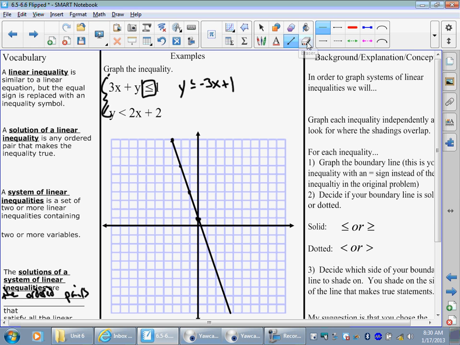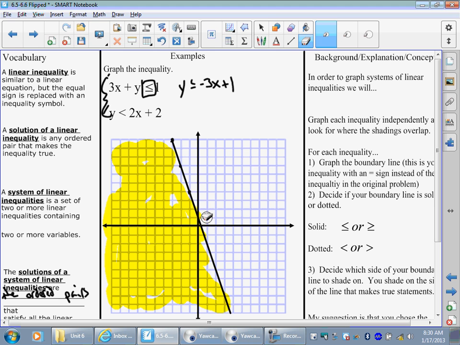So in this case, I'm going to be shading everything down here. I got over the line a little bit. I'll come back and correct that in a second. But you'll see we're shading all of this. Now, we still need to do the other one.